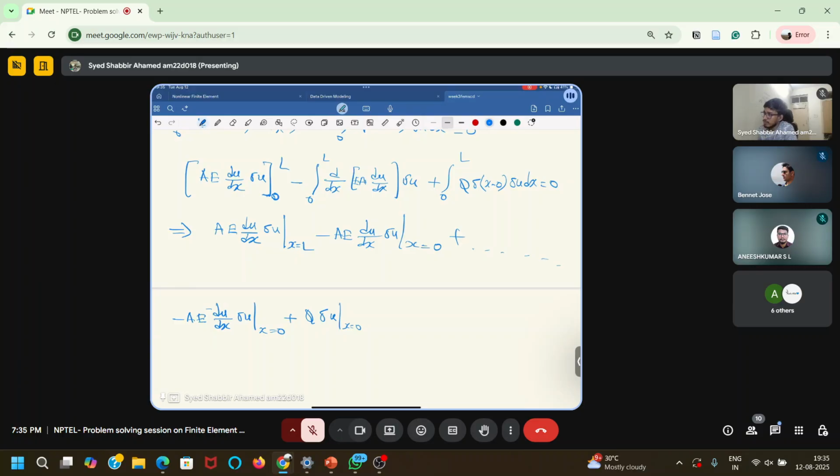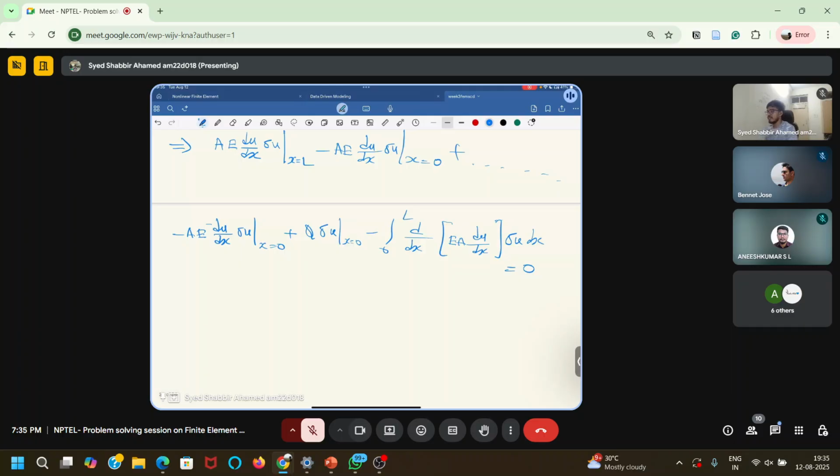And we will remain with this only thing left, which is d by dx into AE into du by dx into del u dx is equals to 0.